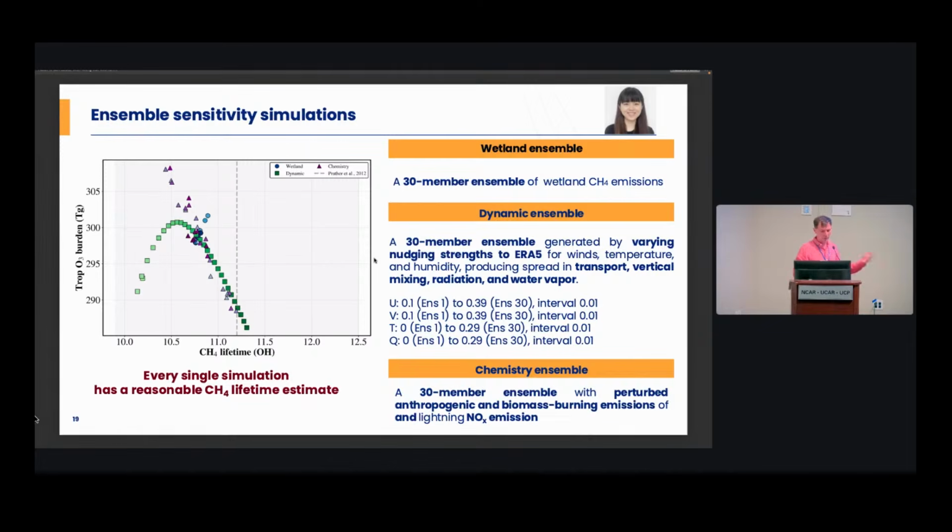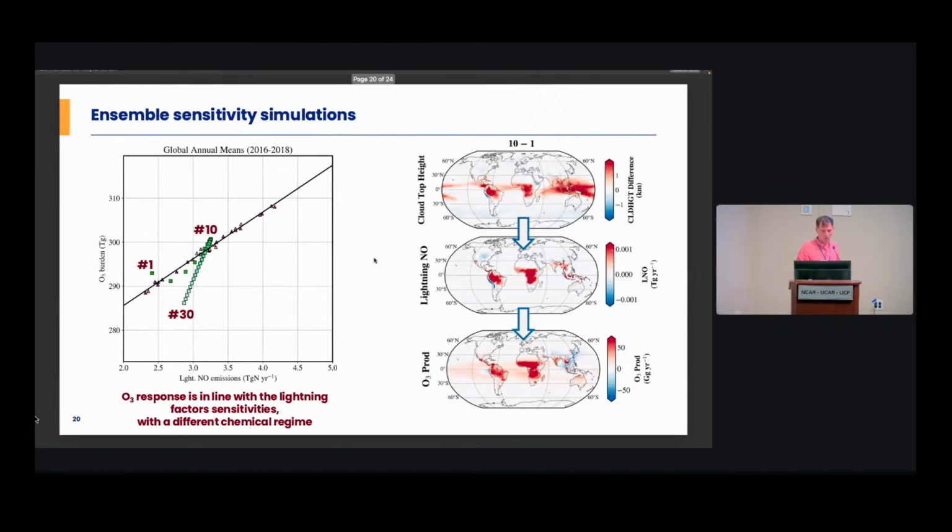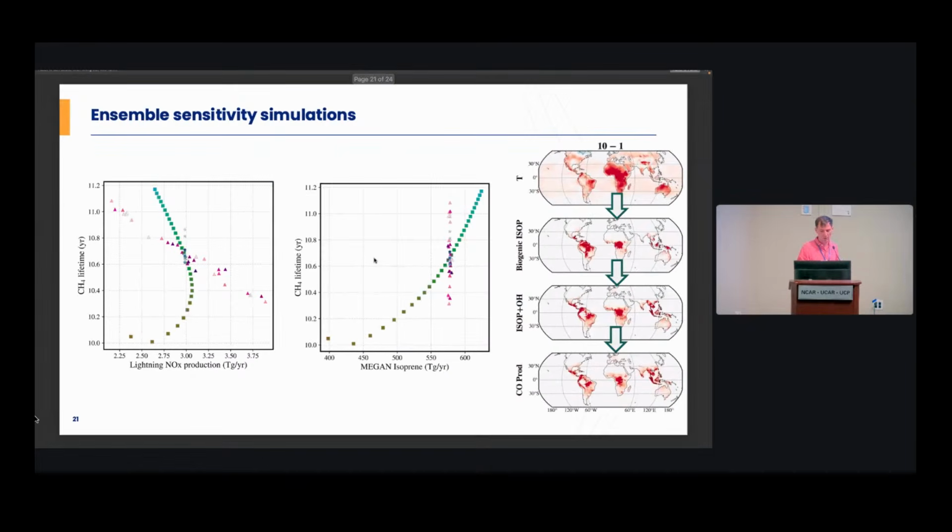There are some nonlinear effects with changes in clouds changing lightning and ozone production, but the ozone production depends on the actual methane emissions that are also changing because of the temperature effect of the dynamic ensemble. Shuo's poster is upstairs if you want more information about this.